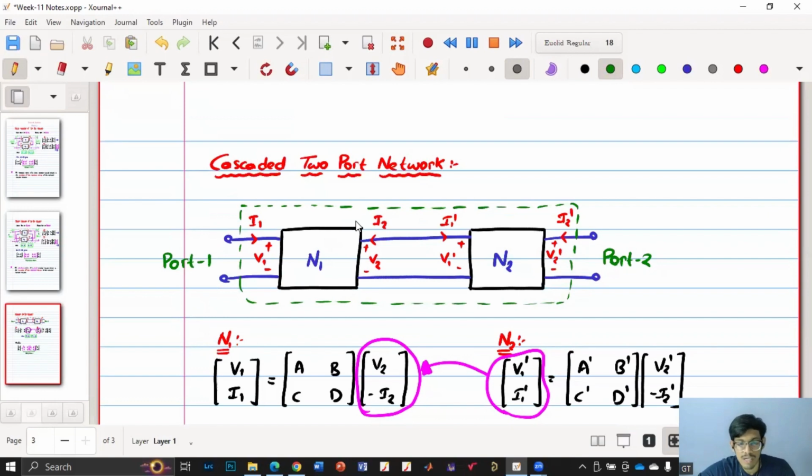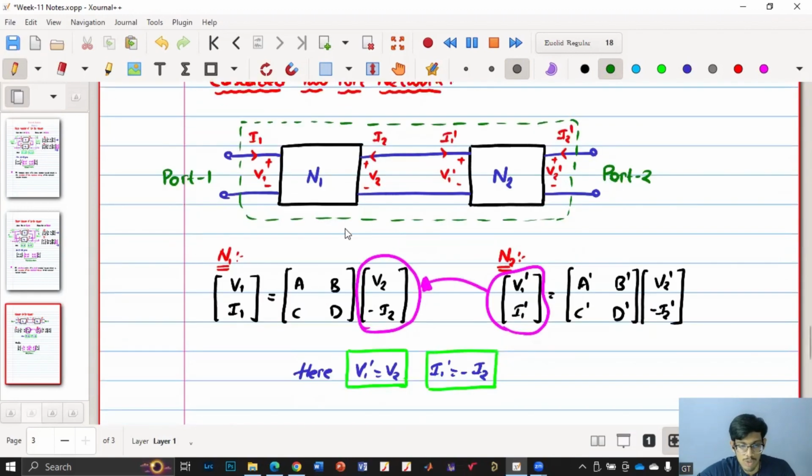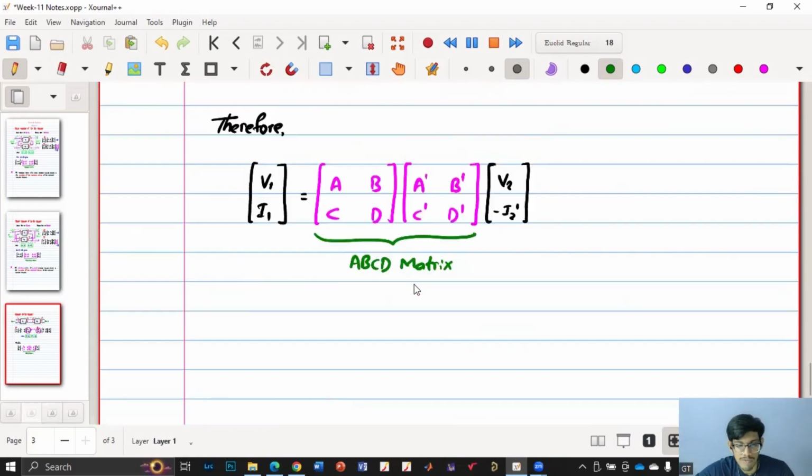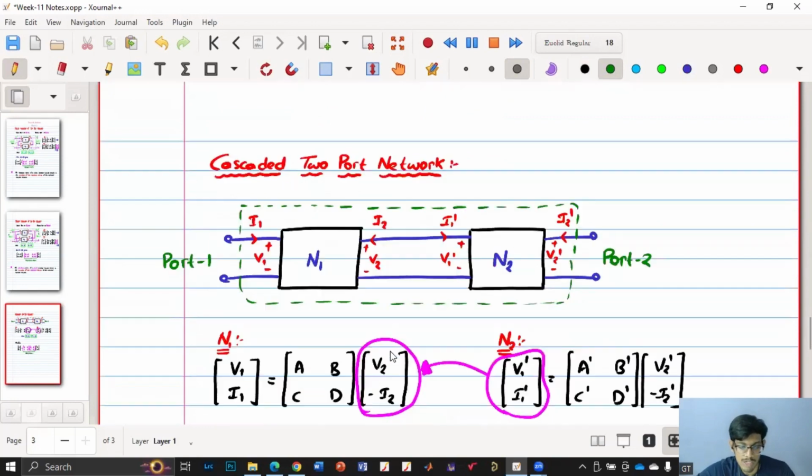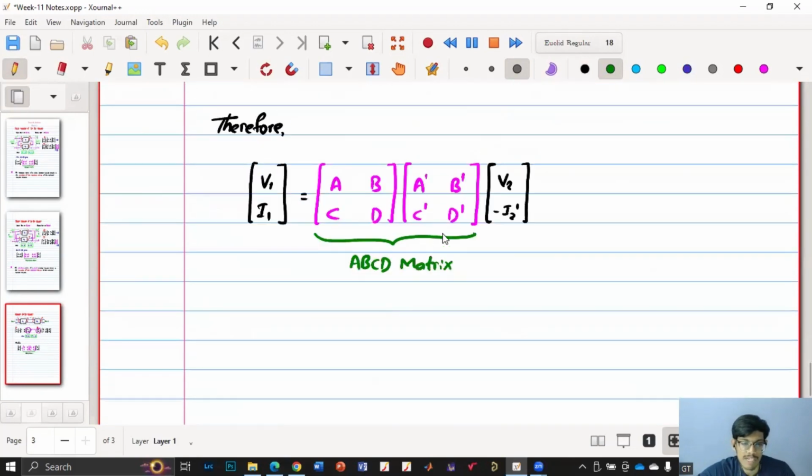Output of network one is the input of the network two. So here we have considered ABCD because it's the relation between input and output voltages and current. So we have used that, and then we have substituted it. Then we got that the ABCD matrix of the entire cascaded two-port network is just the product of the ABCD matrices of the individual two-port network.